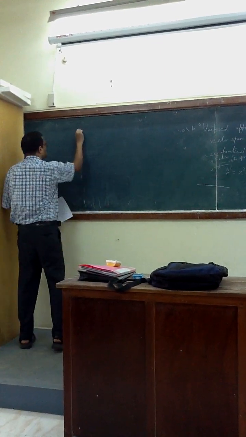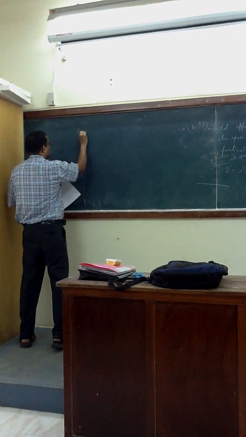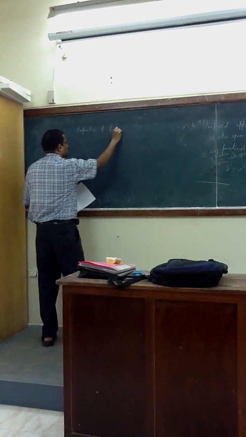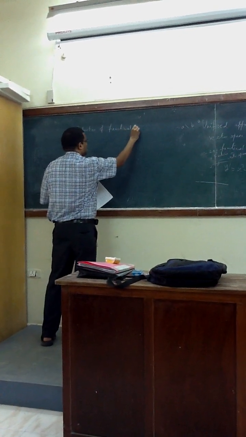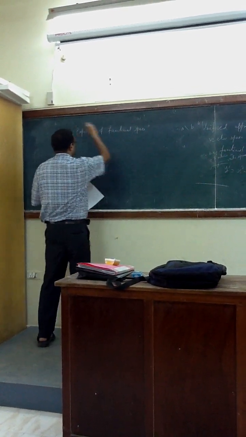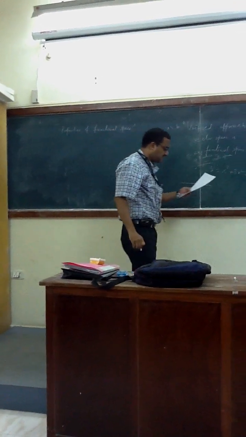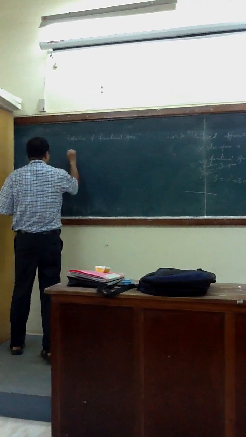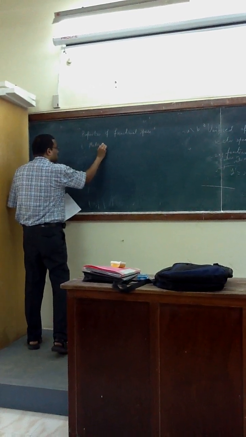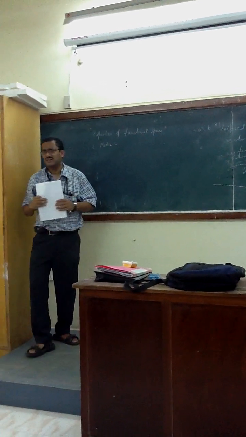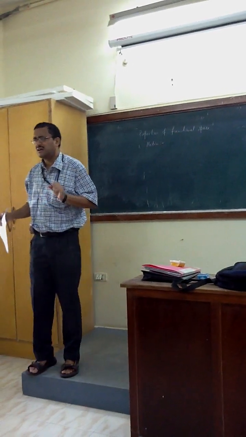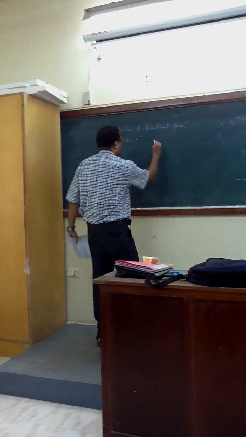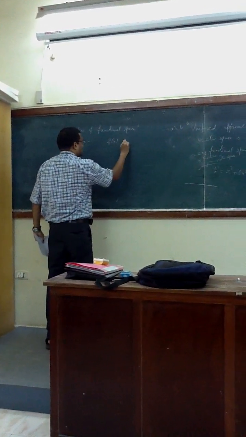So, properties of functional space. First is metric. Number one is metric. What is metric? Distance between two vectors. Excellent. So I have two functions, f(x) and g(x).